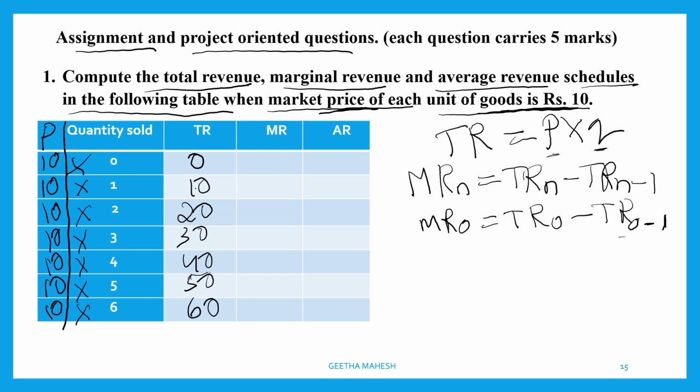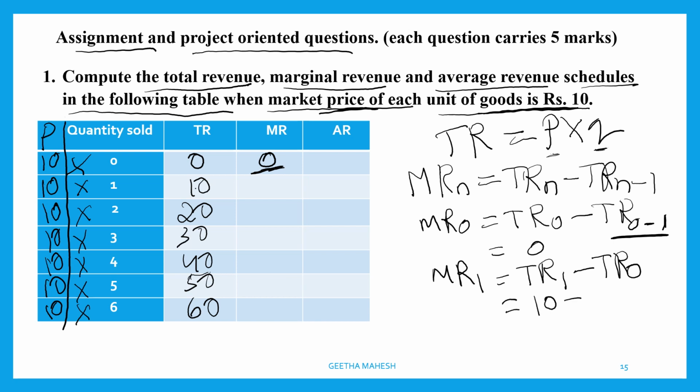But the previous value as we do not have and we have total revenue 0 is 0. You can consider that as a 0 or you can leave that as a hyphen. Then marginal revenue 1 is equal to total revenue 1 minus total revenue 0. Previous total revenue you need to consider. This equals 10 minus 0 is equal to 10.